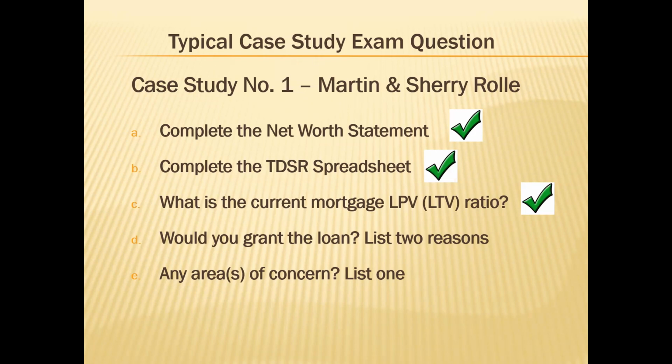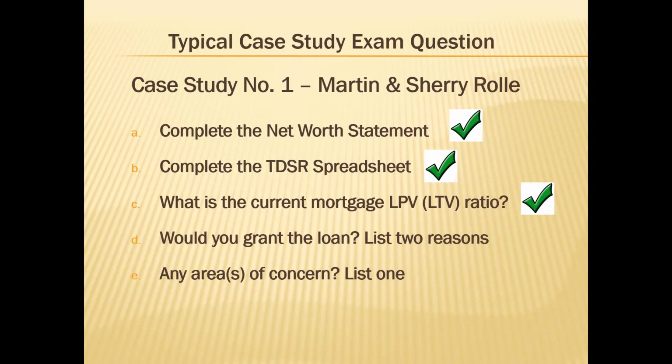Okay, so let's look at character. Okay, what about their job stability and tenure? They've been at Domino's and Atlantis for a significant amount of time, so we see that there's job stability. Okay, so they have good job stability and tenure.